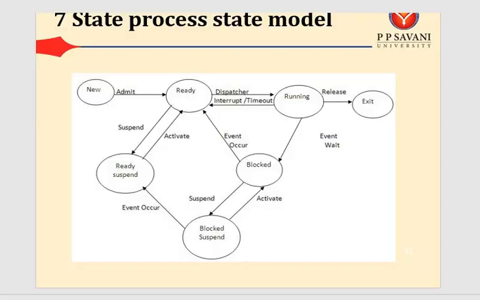You can understand it more clearly when you see the diagram, known as the 7-state process state model. You can see new, ready, running, block and exit. That is the 5-state model, but here we have added two more states, ready suspended and block suspended, whose behavior we have already discussed.